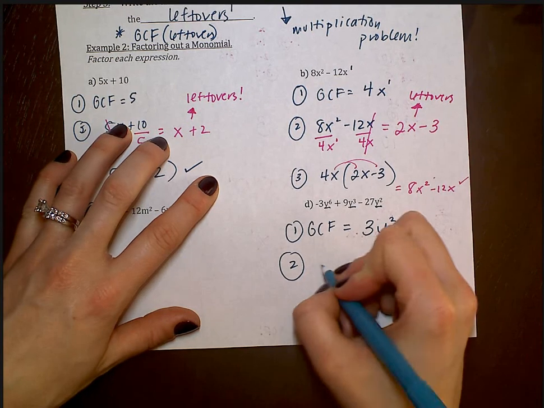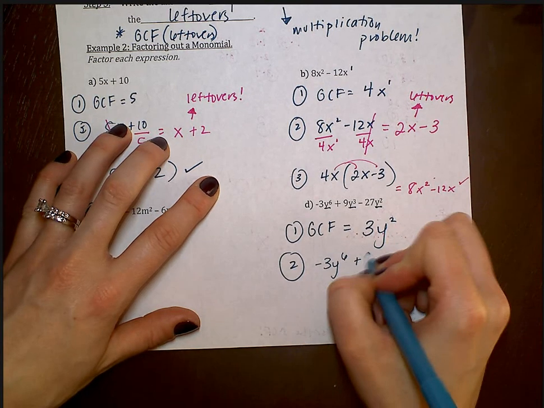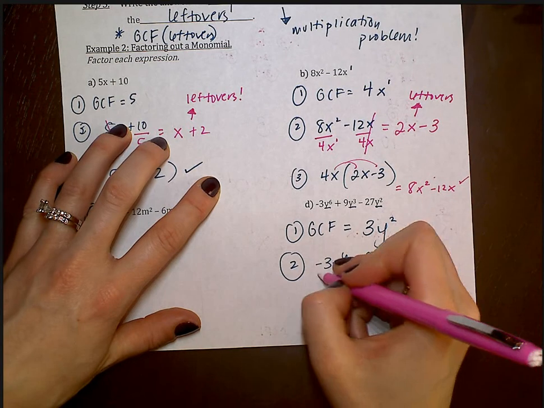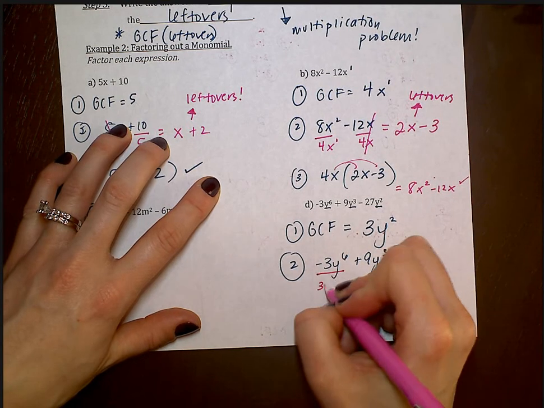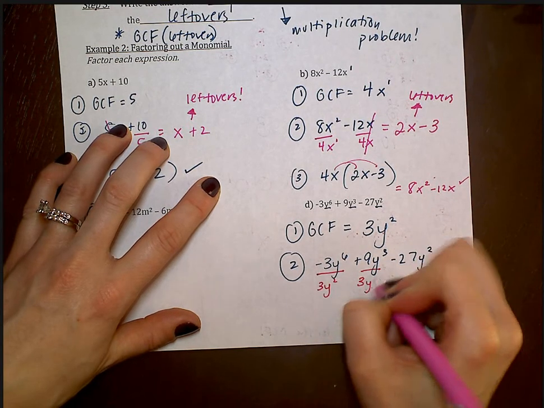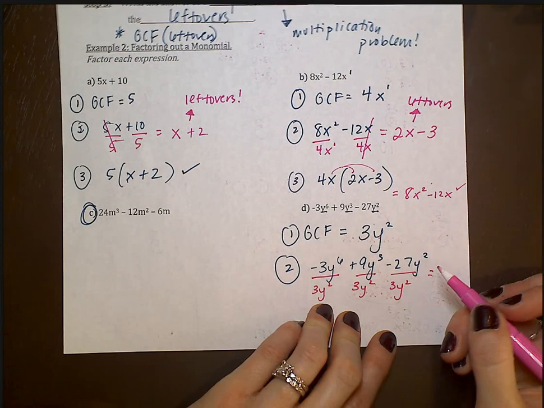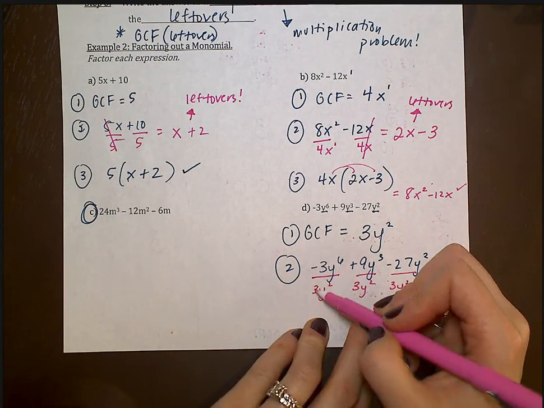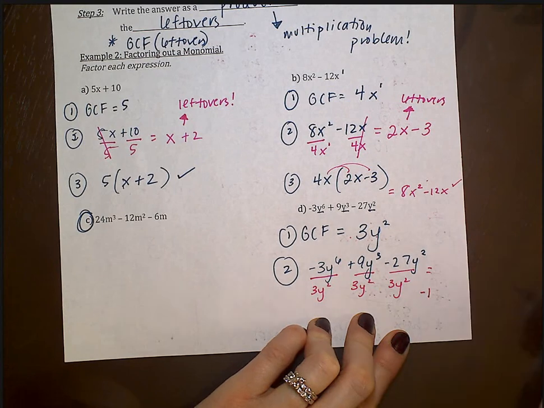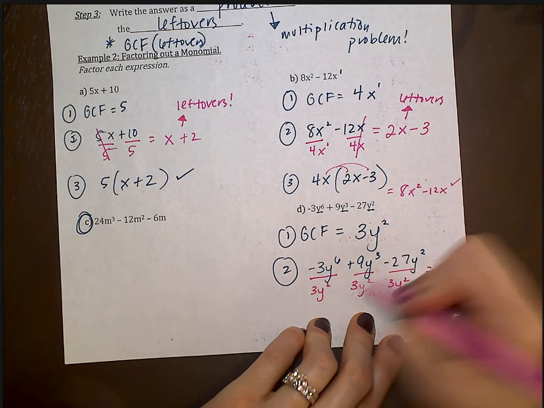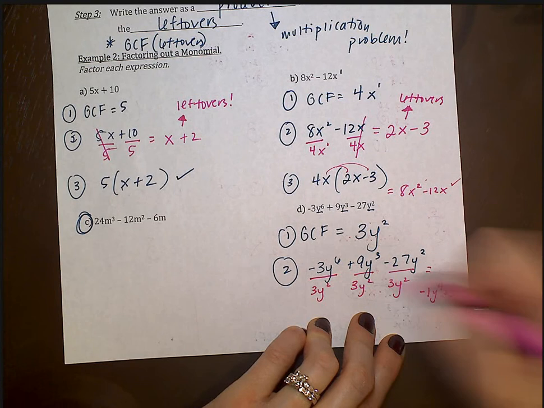Now I'm going to take the problem and I'm going to divide each term by the GCF, which we said was 3y squared. Okay, so negative 3 divided by 3 is negative 1. Subtract the y's, that would be y to the 4th. 9 divided by 3 is 3, and that would leave me with 1y.